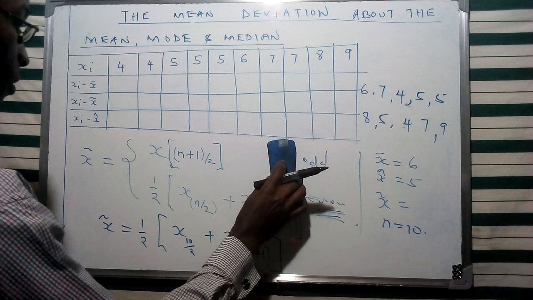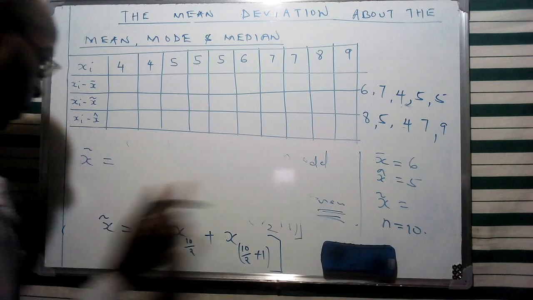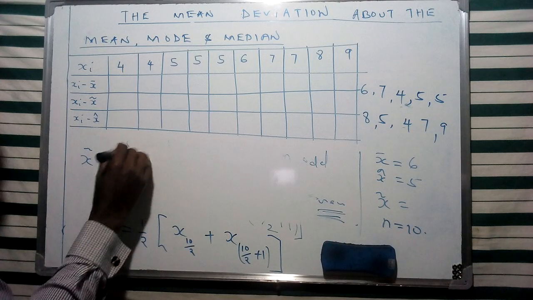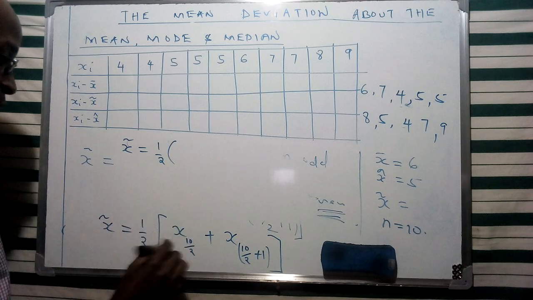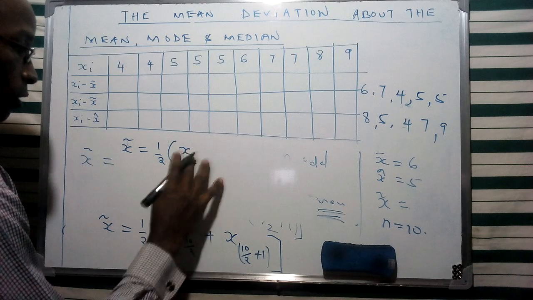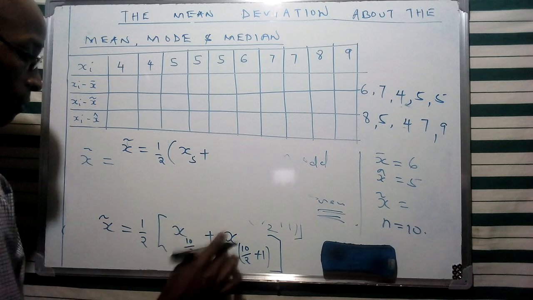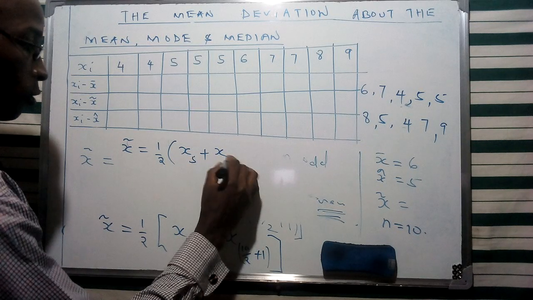Perhaps I can do away with this so that we can have space for that one. In evaluating our median, we are going to have a half times x5, since the value of 10 over 2 is 5, plus x of 10 over 2 plus 1, which is 5 plus 1, which is 6.